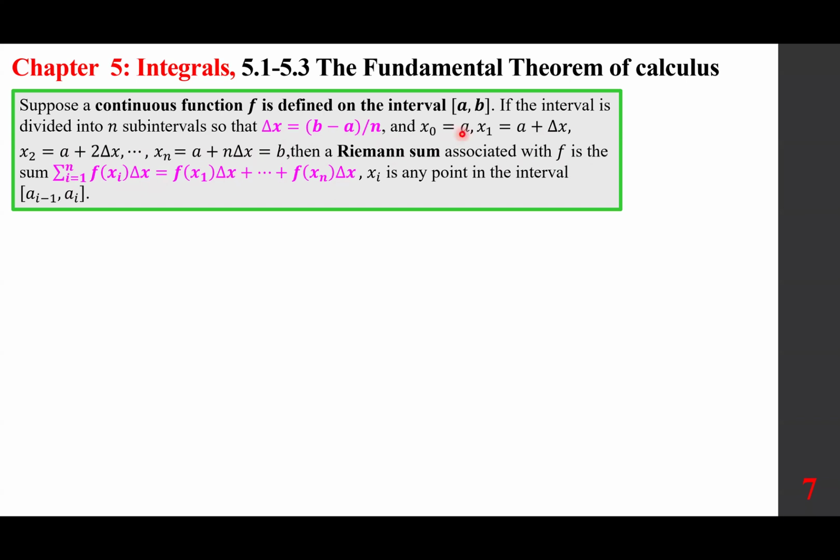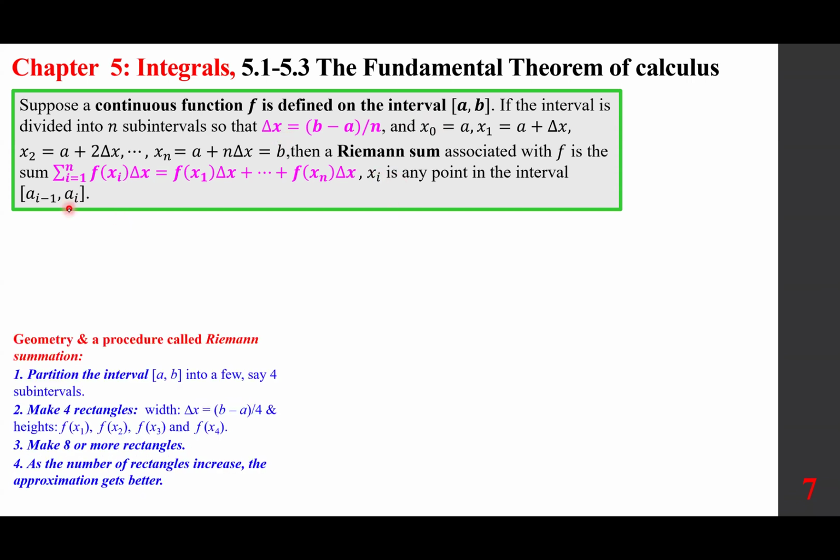Again, notice this one is not used for the right endpoints. This one is not used for the left endpoints. And x sub i can be any point in between. So the geometry and procedure is that you cut this a to b into a few, your choice, for example, unless they give you the n.